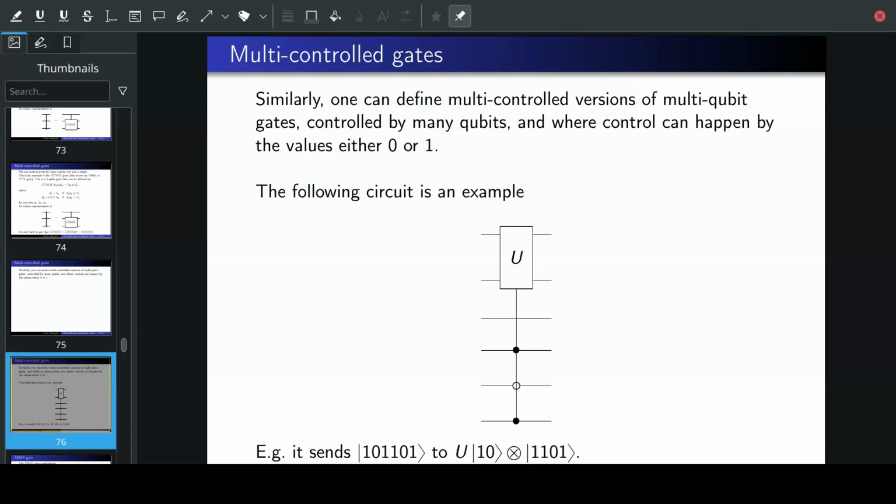And if the last 3 bits have a different pattern, then the action would be trivial, so nothing would happen. And this is also a matrix, which you can write down, and it will be of size 2^6 times 2^6.